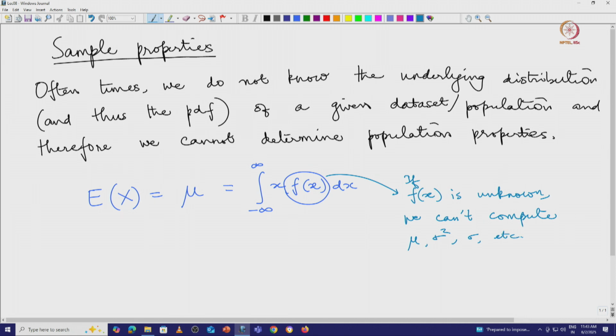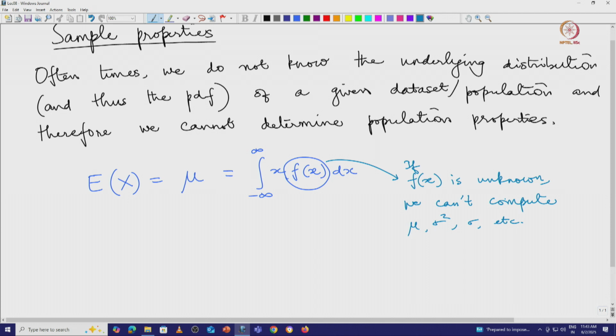You can define other things like skewness, kurtosis, we are not really discussing those here, right. So, in these cases we can come up with sample metrics, and these sample properties are often done as a way to estimate the population properties. So, in this context I will define something known as an estimator.